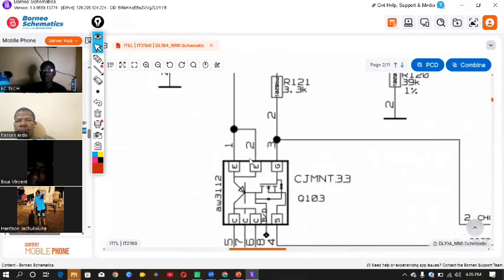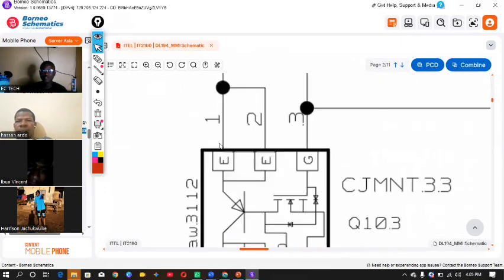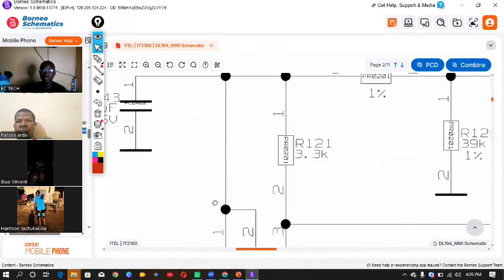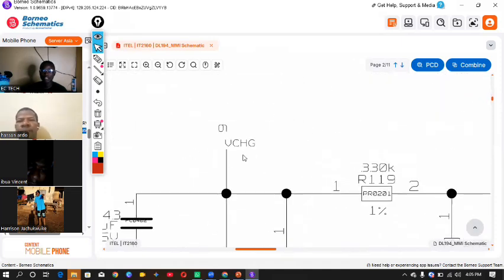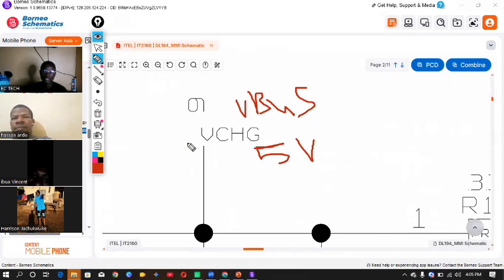Now, how is this charger IC going to switch and maintain the voltage from the input? And what is the input? That's the feed charge, also known as feed bus. This is our 5 volts coming from the charger. So that's our input.